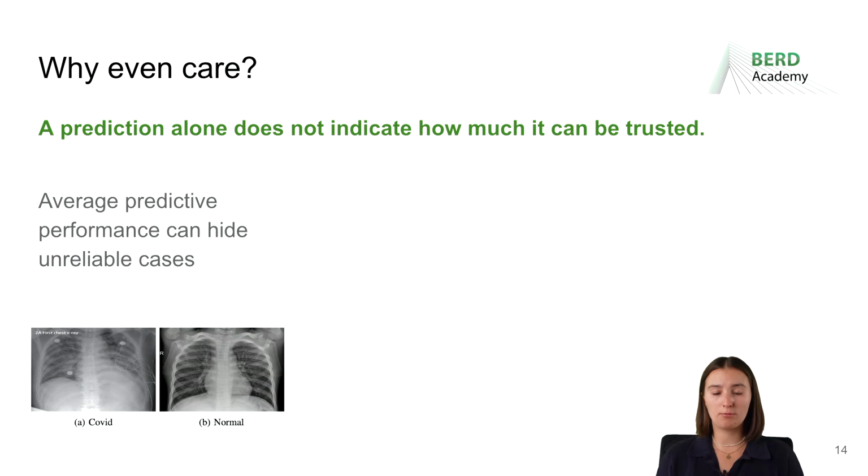For example, an average performance of 95% might seem quite high. However, we might not really know whether we can trust this predictive accuracy. And we also don't necessarily know for which patients the accuracy is higher or lower, because we just get averages.